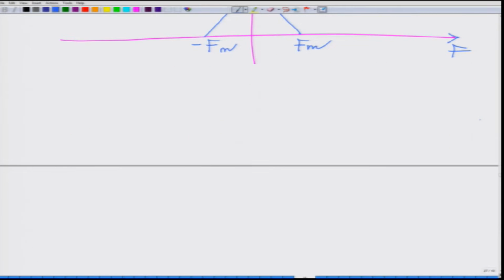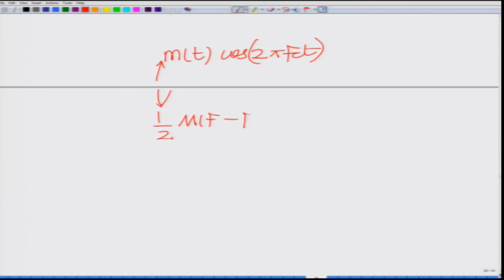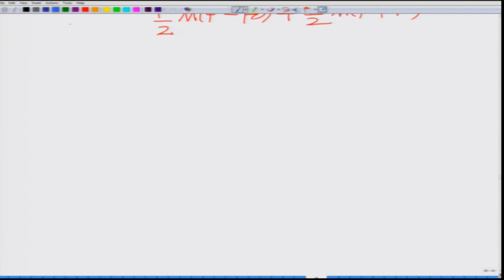Now, let us consider a modulated version of m(t), that is m(t) cosine 2 pi fc t, which, as we are well familiar, has the spectrum half M(f minus fc) plus half M(f plus fc). That is, M(f) shifted to fc and M(f) shifted to minus fc.